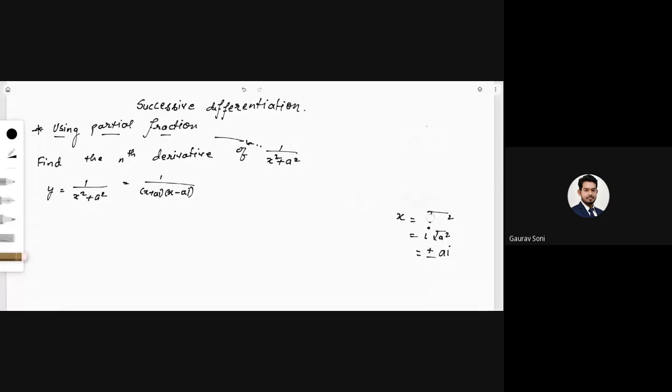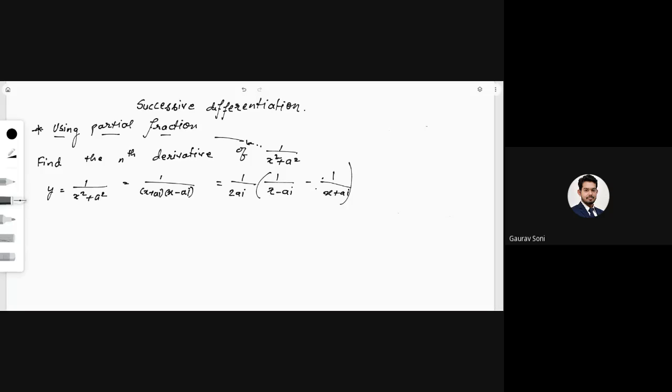So using partial fraction, 1 upon x plus ai, x minus ai can be written as 1 upon 2ai in bracket 1 upon x minus ai minus 1 upon x plus ai.